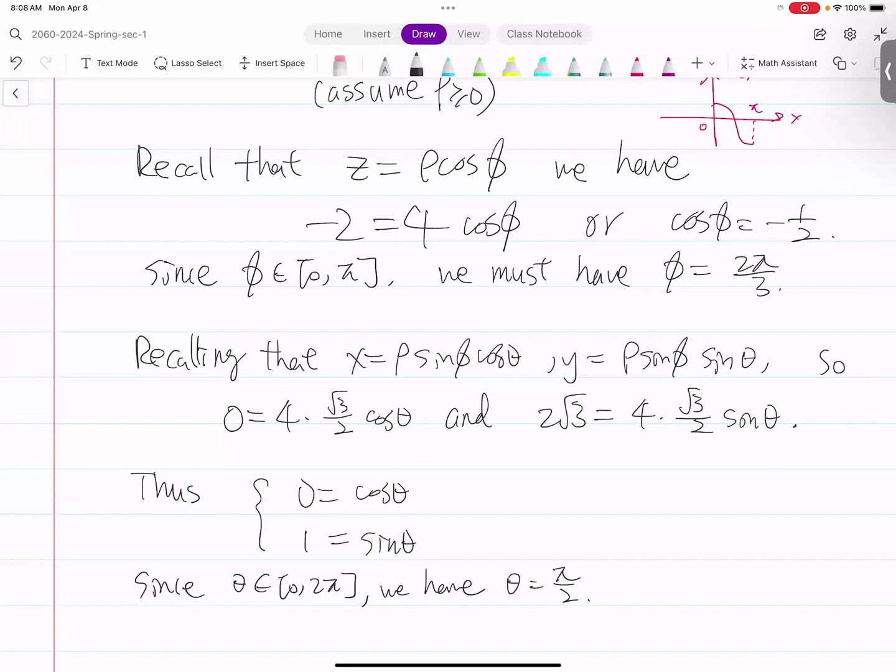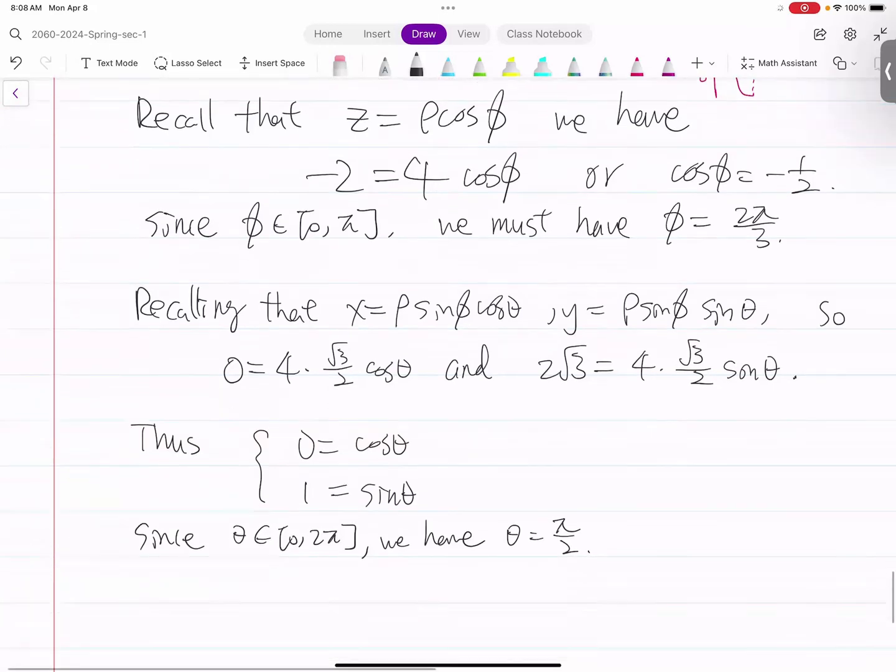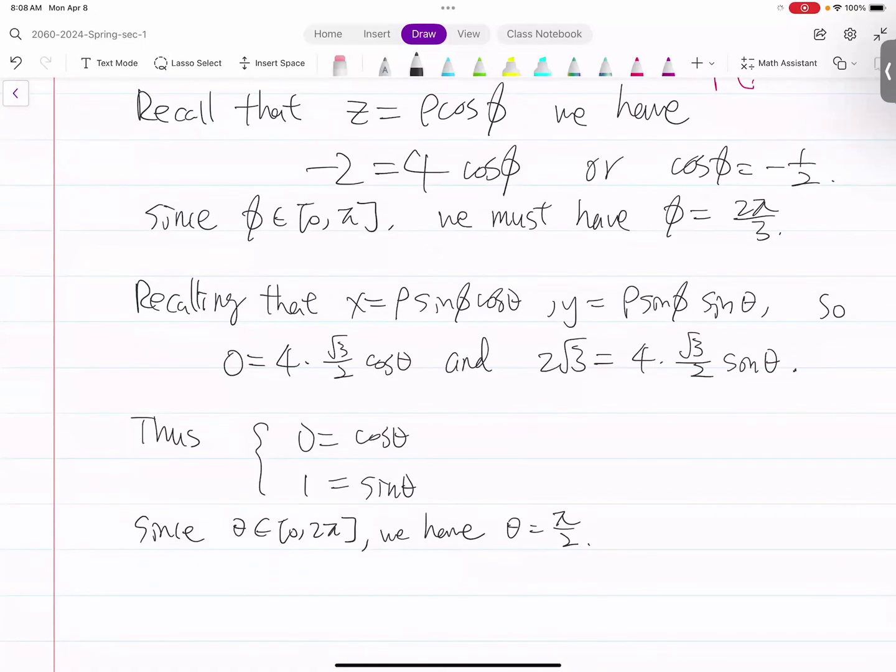So that leads us to the spherical coordinate, which is basically rho here is 4, theta is π/2, and phi is 2π/3. Any questions so far?